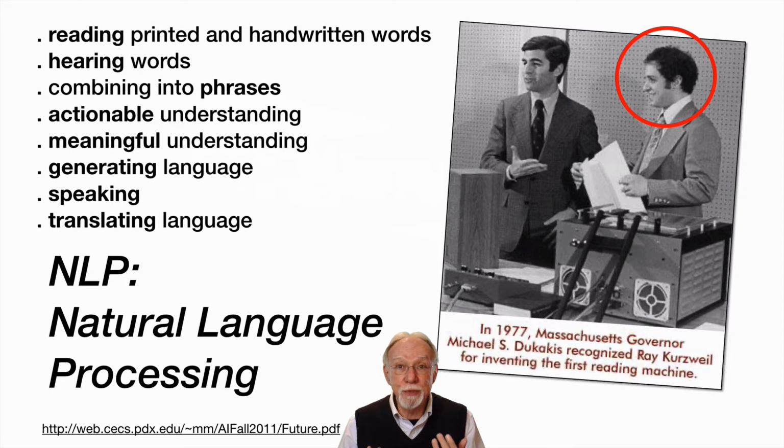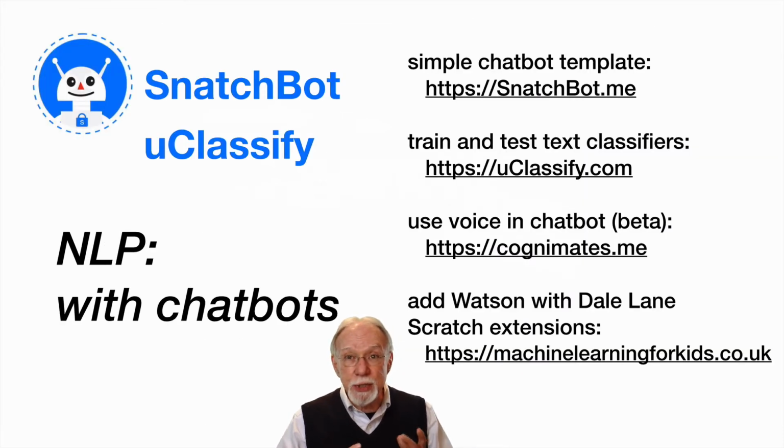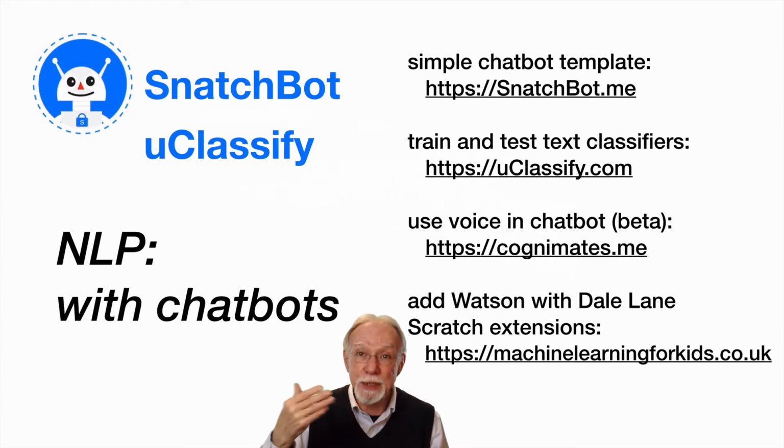Our digital devices can generate language, they can speak, they can translate languages. It's pretty cool. Kids can do this with a free program such as Snatchbot. Snatchbot even has chatbot templates where they can go to the site and very quickly, like in one class period, create a chatbot and test it.